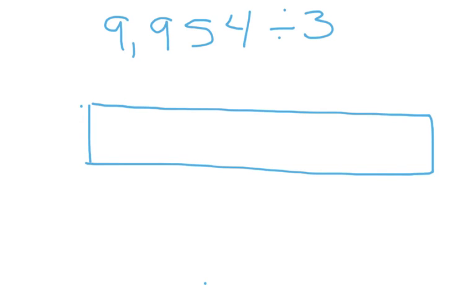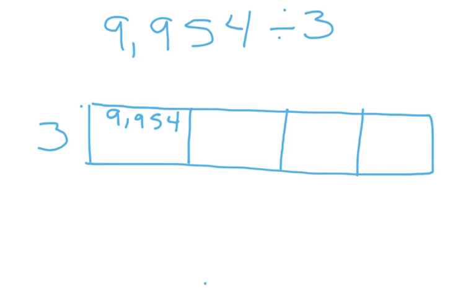We're going to have our thousands, we're going to have our hundreds, we're going to have our tens, and we're going to have our ones. Okay, and now we've got 3 into 9,954.